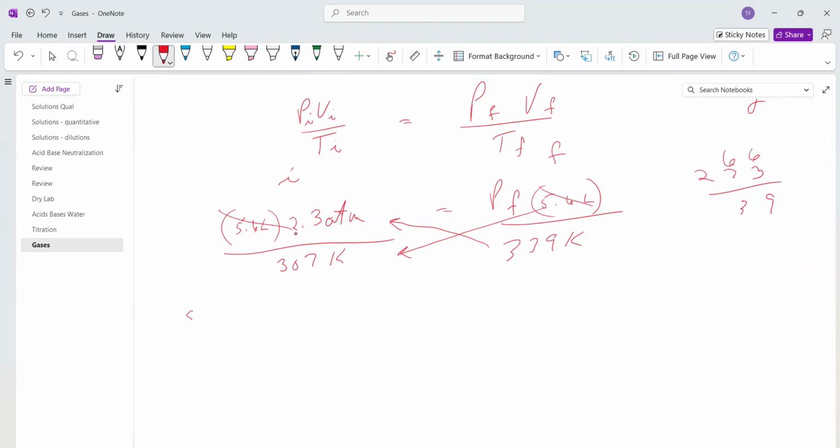So we end up with 2.3 atmospheres times 339 K, all over 307 K, and that's equal to P sub F. And we convert Celsius to Kelvin.